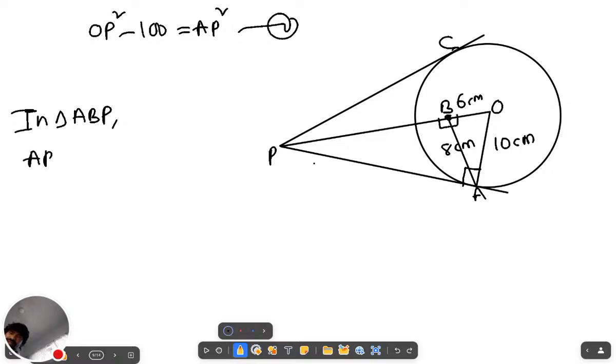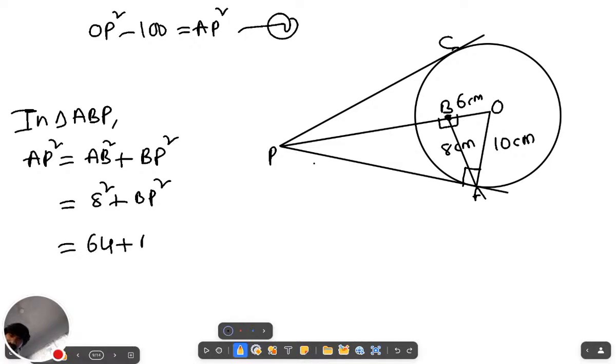So we can say that AP square is equal to AB square plus BP square, or PB square, right? AP we don't know. AB we know, 8 square. PB or BP also we don't know. Now 8 square is 64 plus BP square is equal to AP square. Let this be equation 2.